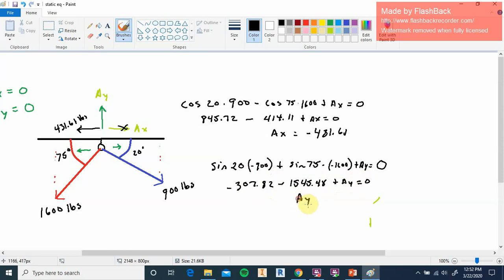And when we carry that all over to the other side, we find out that AY is equal to 1,853.3 pounds. Okay, so that means we are correct in our direction here.